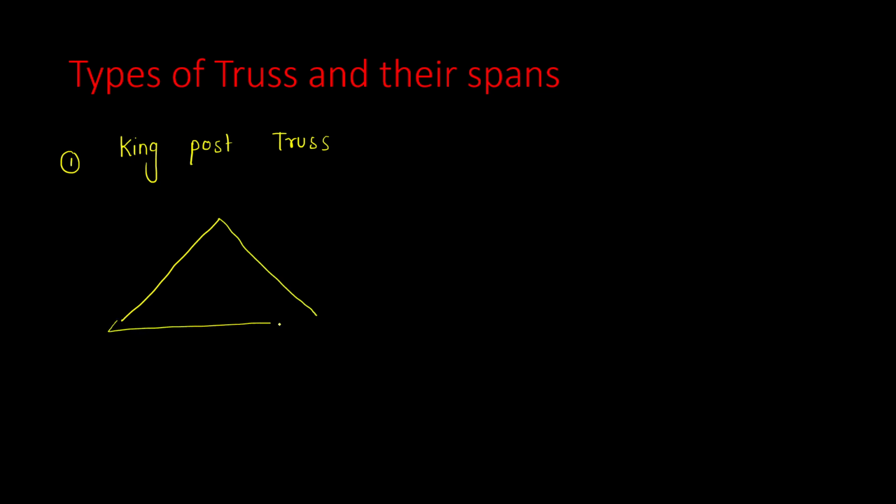Now what are the different types of trusses? So we'll draw some of them. The first one is called king post truss. The king post truss looks like this, and the span up to which it can be used is 6 to 9 meters.